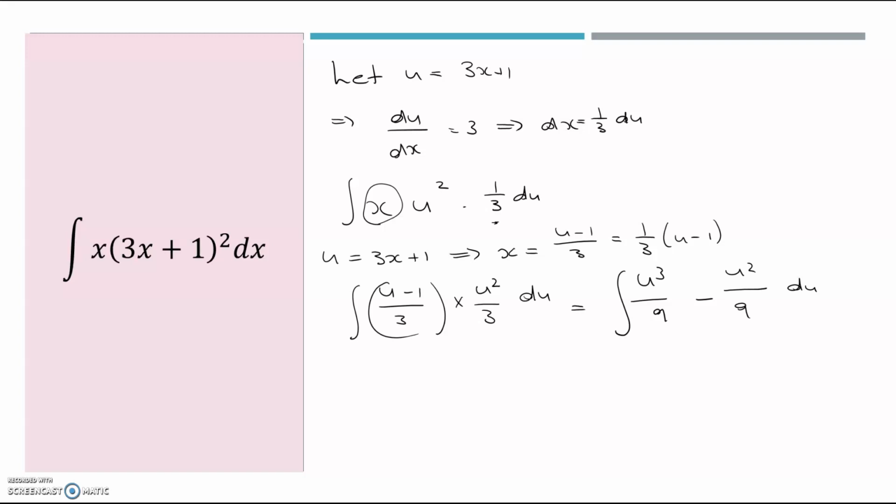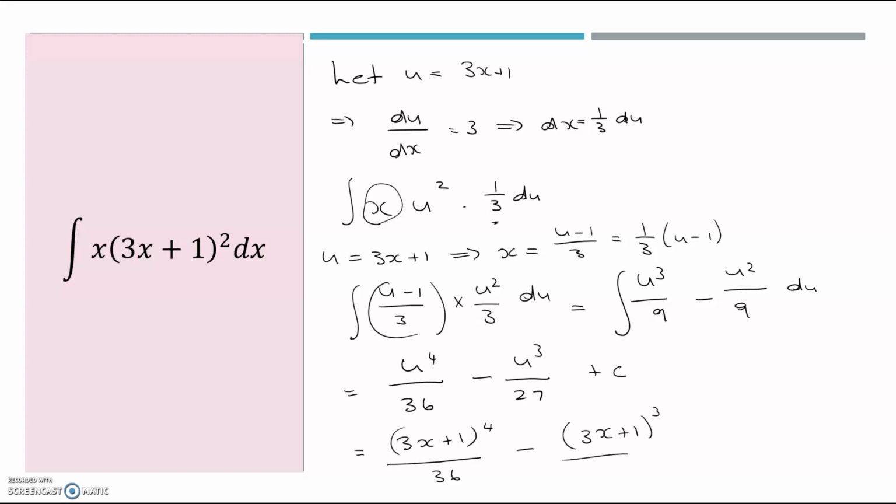Now I'm going to integrate because now it's nice and easy, and I get u to the 4 over 9 times 4 minus u to the 3 over 9 times 3, and put back in the substitution that we made right at the start. And we're finished. It worked.